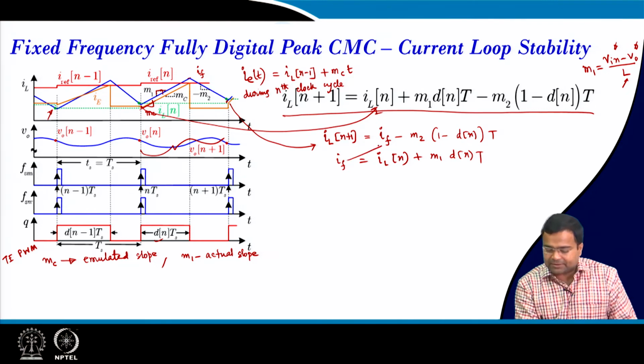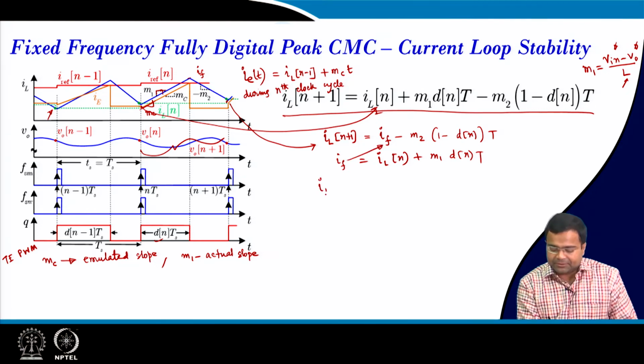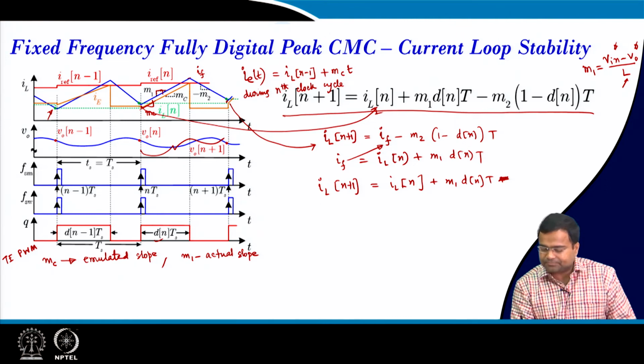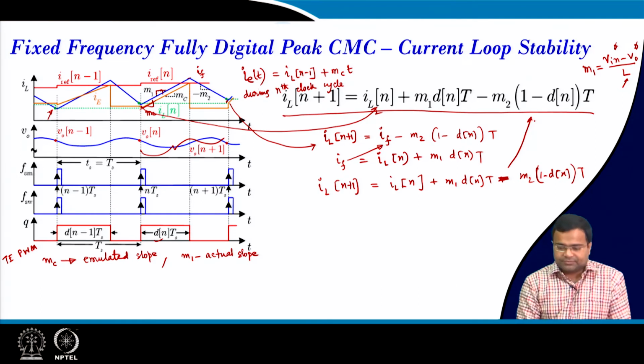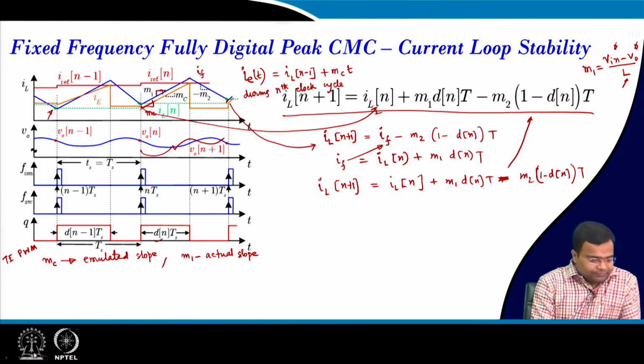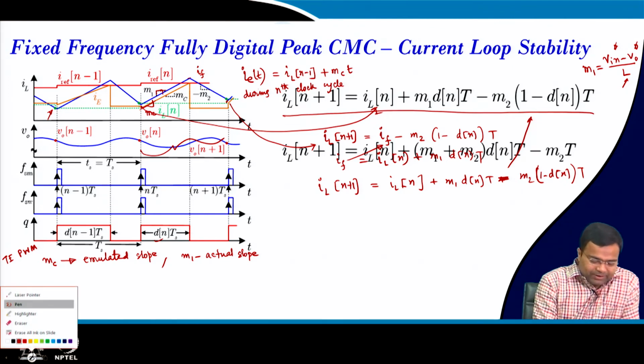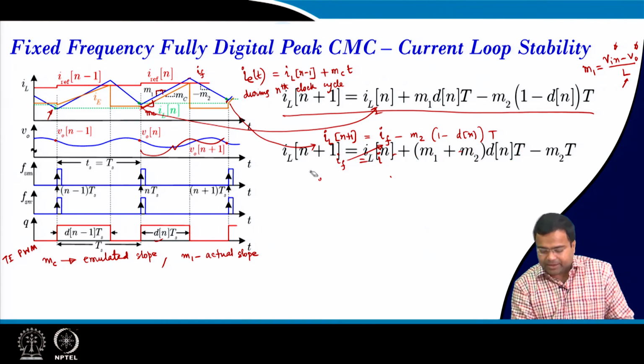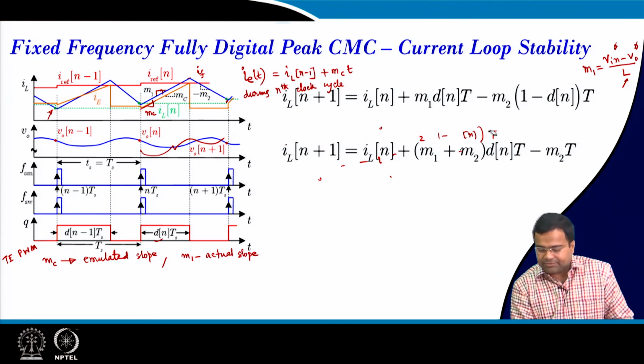Now you replace here, then you will get ILN plus 1 is equal to ILN plus M1 d of Nt minus M2 (1 minus d of Nt), and this is exactly this equation. Okay. Since it is overlapping, I have already given the intermediate step to show how it is coming. So, now you can derive.